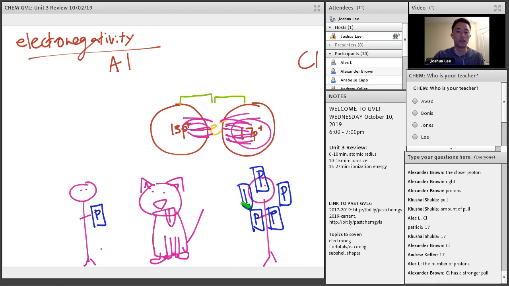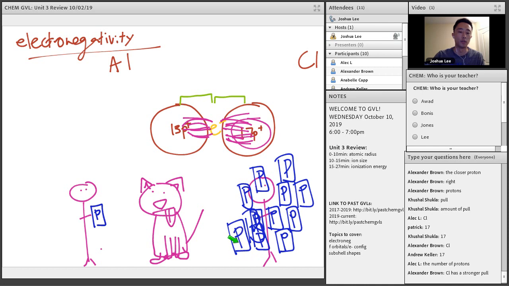So now instead of having just one yummy chicken flavored proton, this person has a bunch of yummy flavored protons, meaning this dog is probably going to want to go this way because there are more protons attracting that electron.